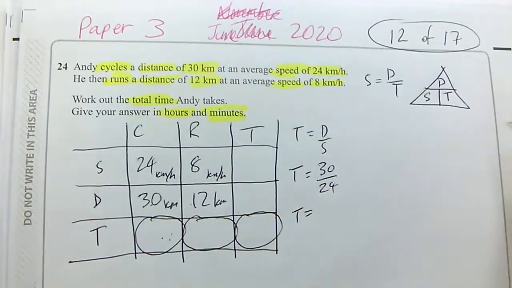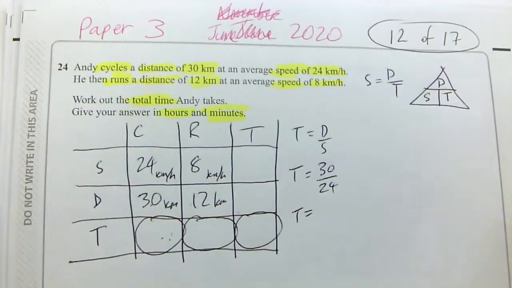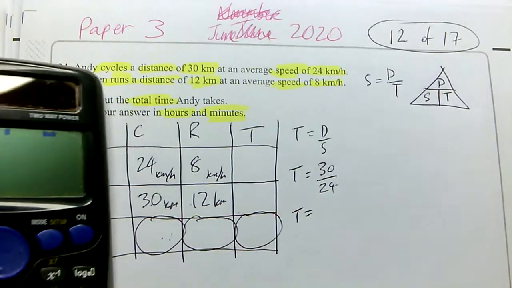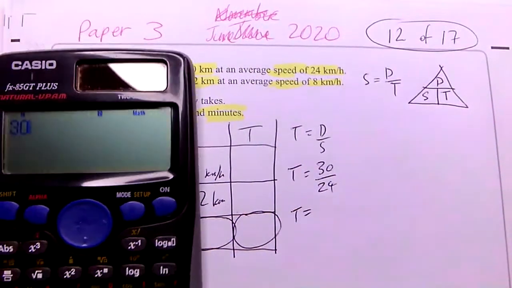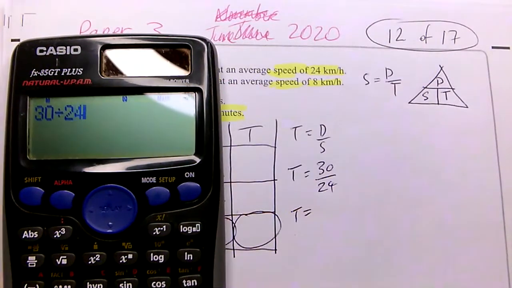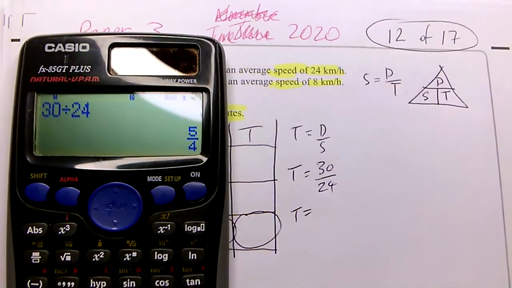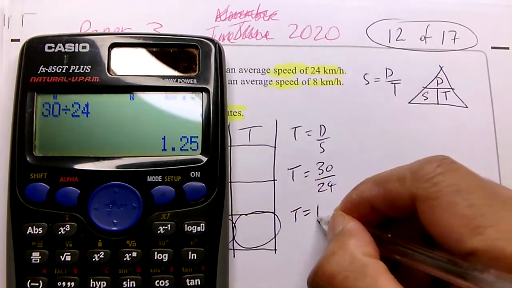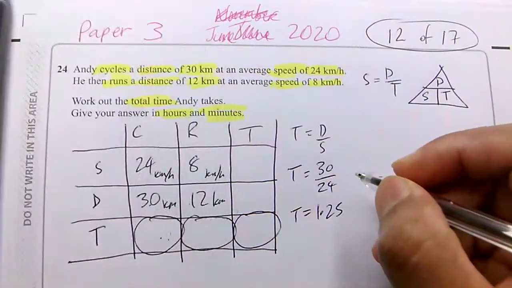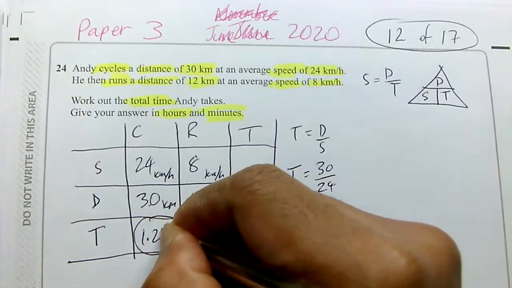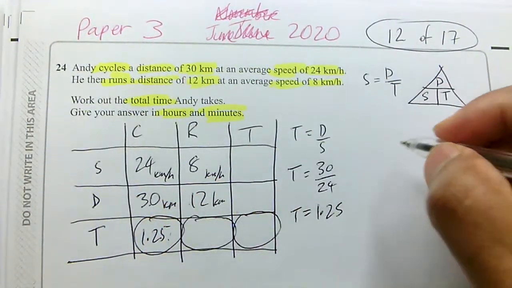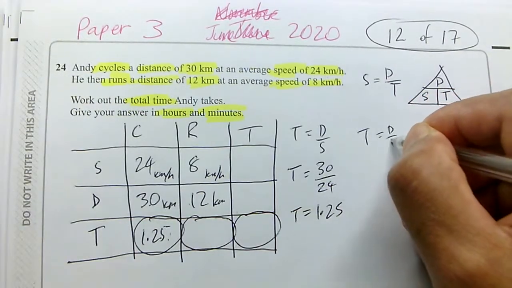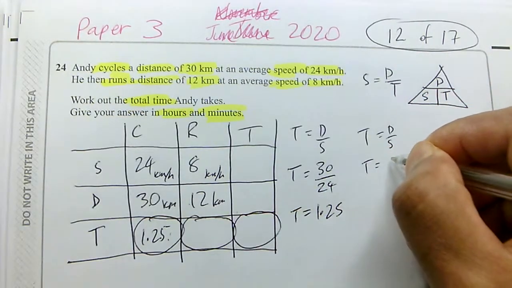That gives me 30 divided by 24. That gives me 1.25, and that's in terms of hours, which is good. My units are fine. Same thing again, time equals distance divided by speed.